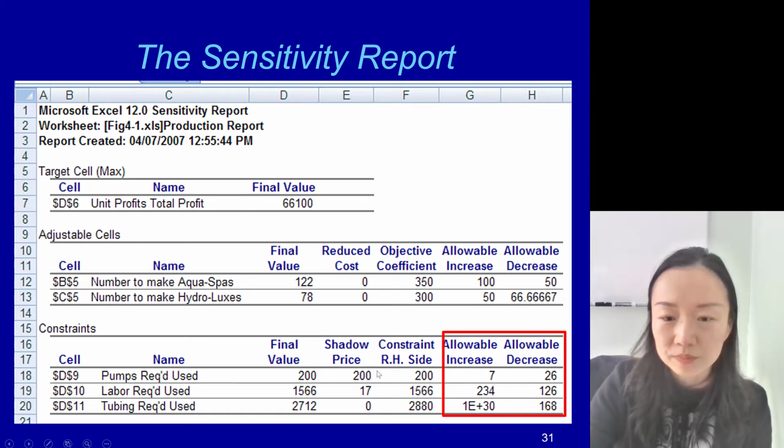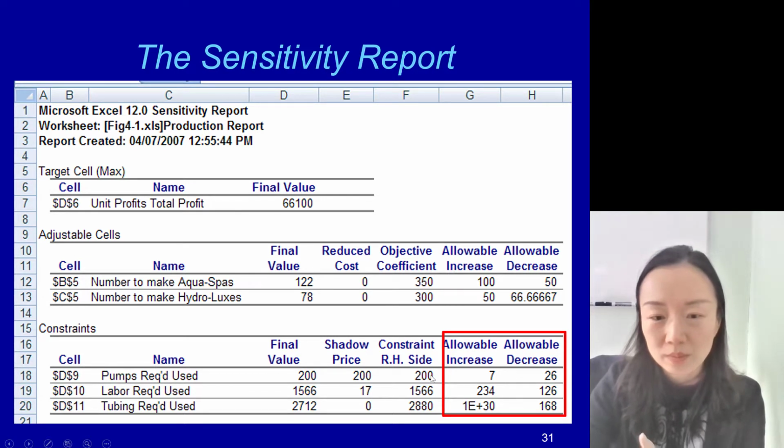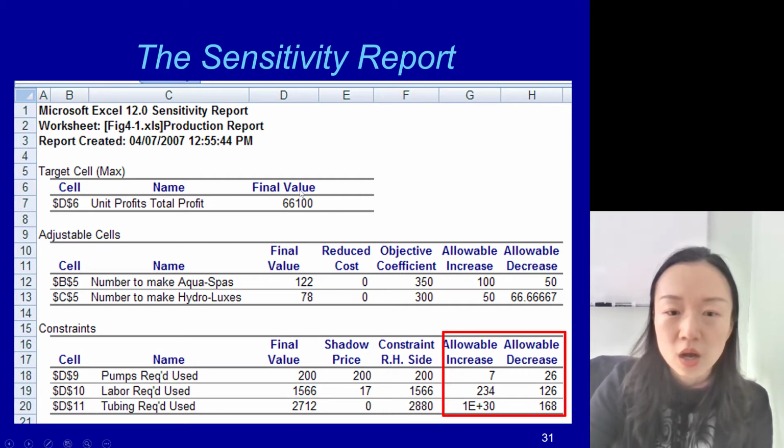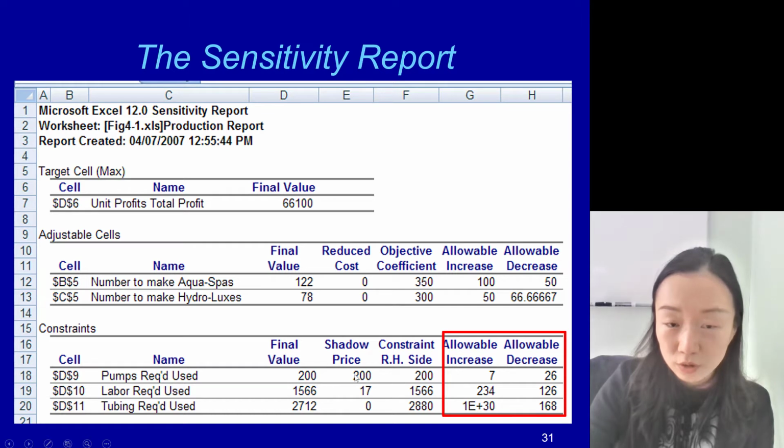For example, currently we have 200 pumps. And if we decrease this by 1, so we take away one pump, our objective function value will decrease by 200. So you're going to lose $200 by taking away one pump from here.